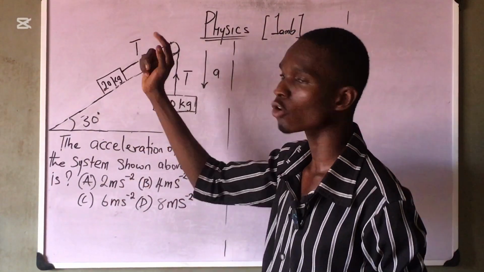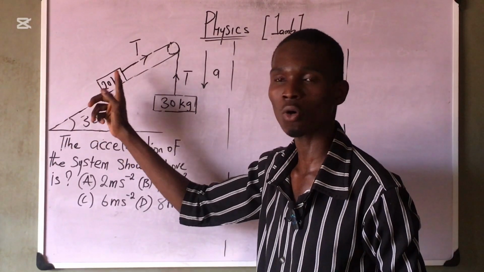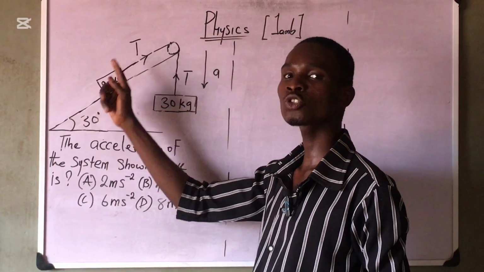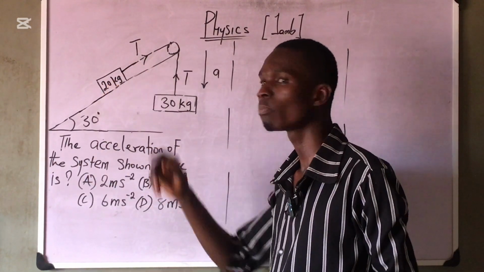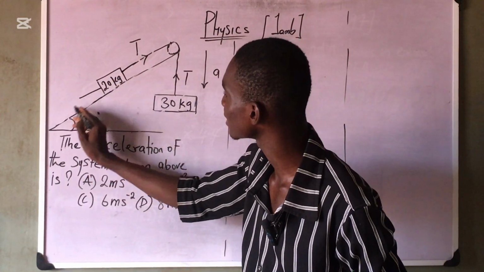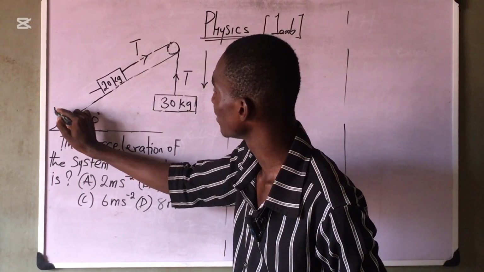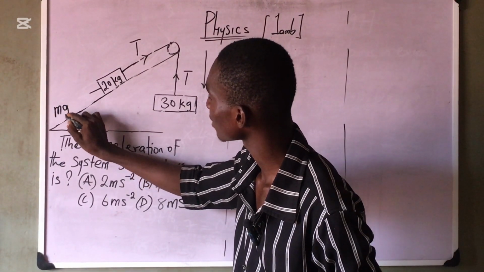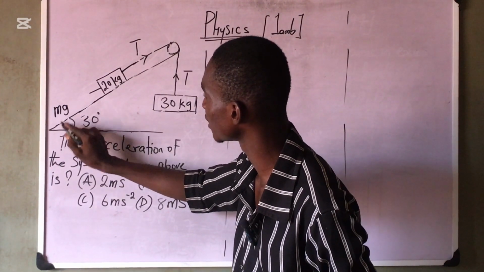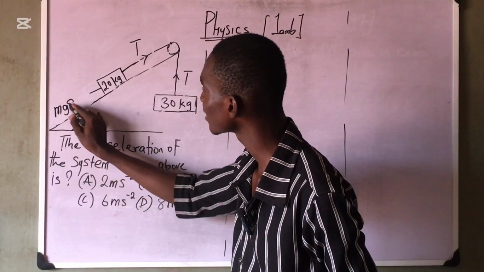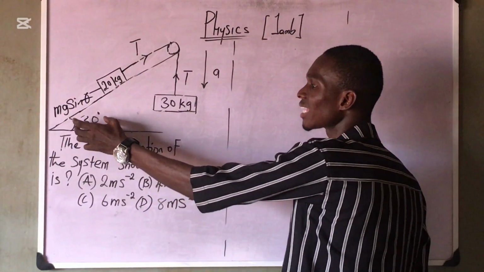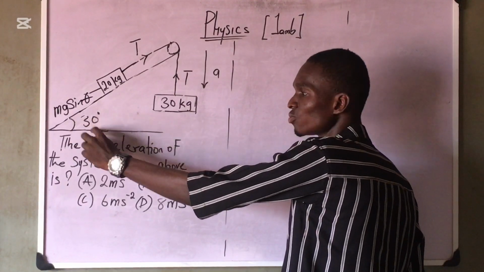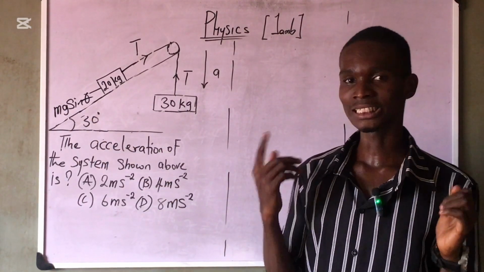Then what is that force that will move this load down or tries to oppose the tension on the rope? We must have it as mass times acceleration due to gravity with sine theta. And theta is the angle of inclination, which is 30. That is the first consideration.